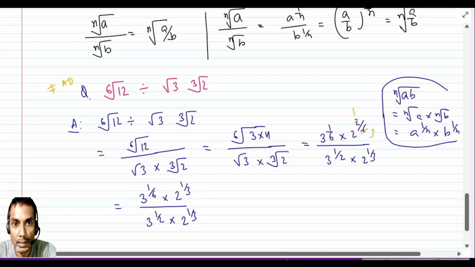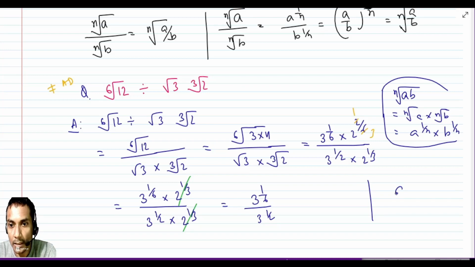So you can cancel out each other, this one is the same. Then what value we get, 3 to the power 1 by 6 divided by 3 to the power 1 by 2. Now we check it: you already know that if the base is the same and the power is different, for the division we know that.